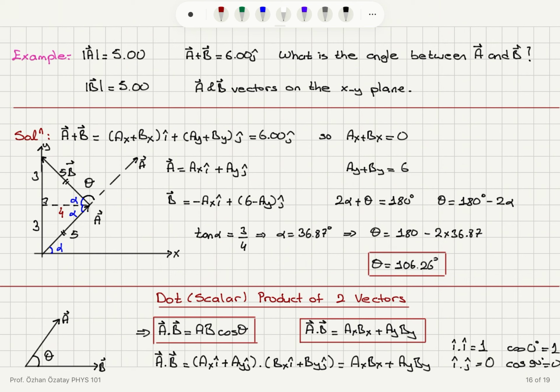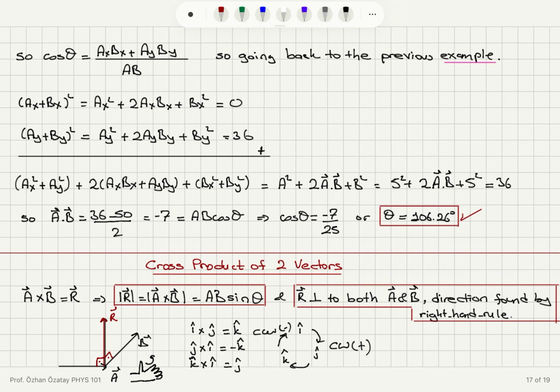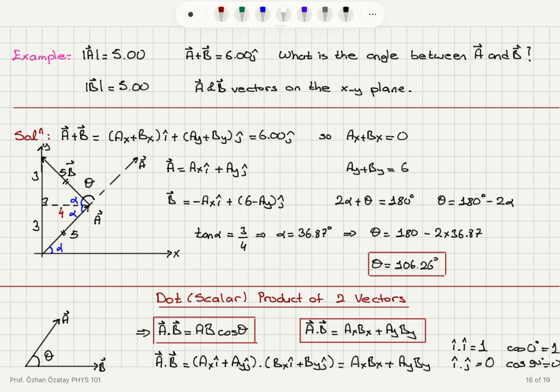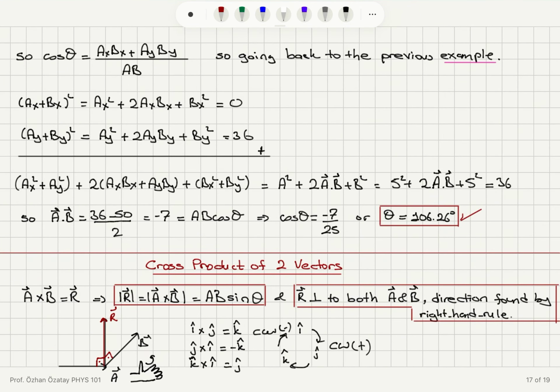And it can also be calculated in terms of the components as ax bx plus ay by plus az bz for 3 dimensions. And using the dot product, I have shown you that we could also solve the same problem, and we can see that (ax plus bx) squared plus (ay plus by) squared is a squared plus b squared plus twice the dot product between a and b.